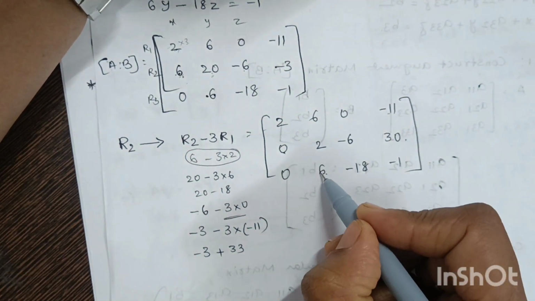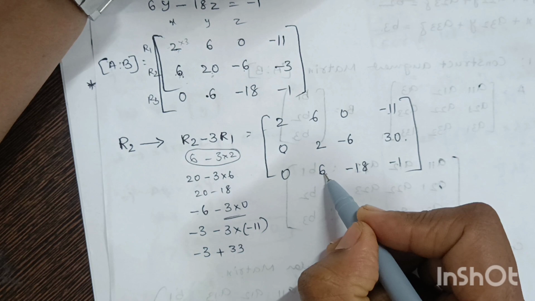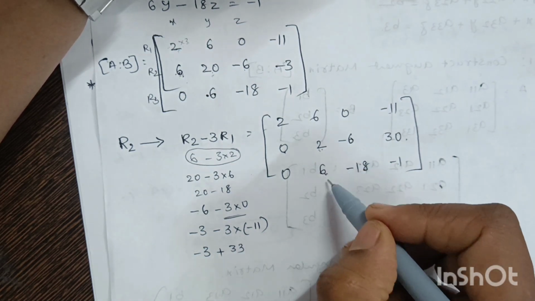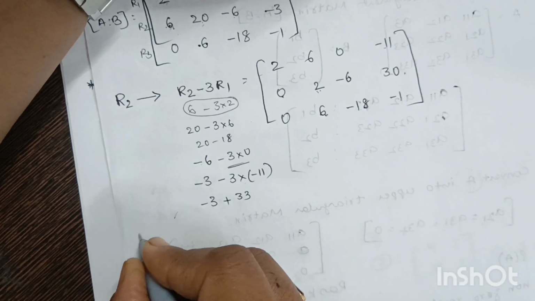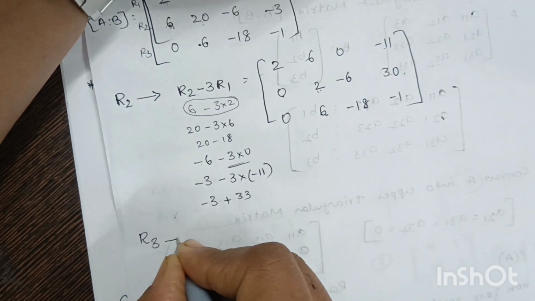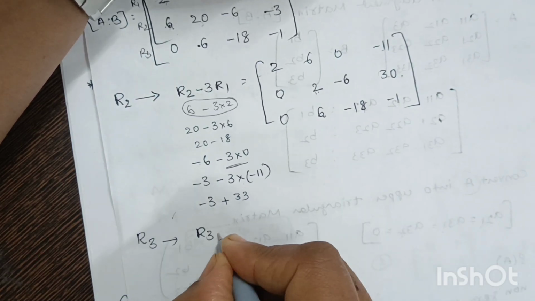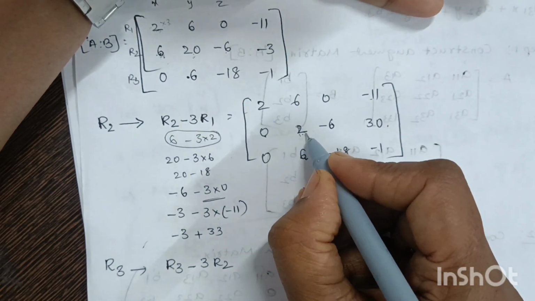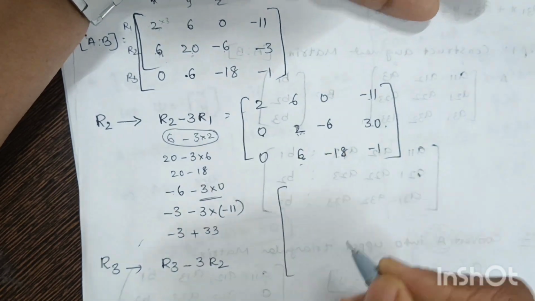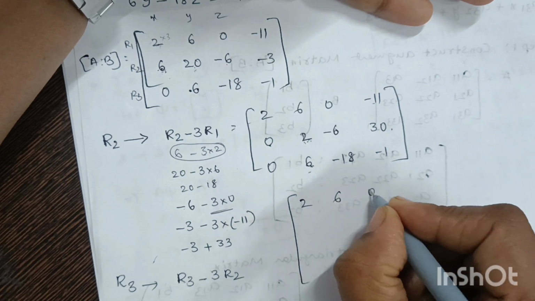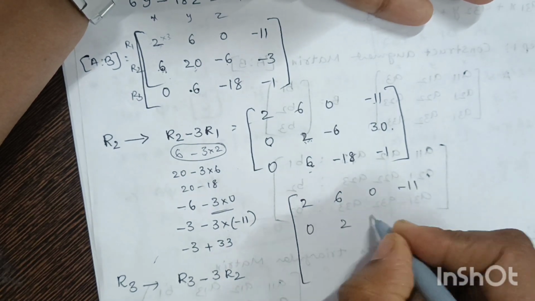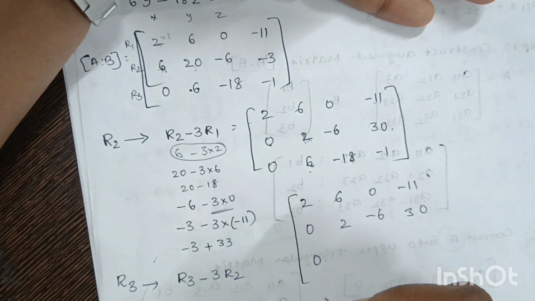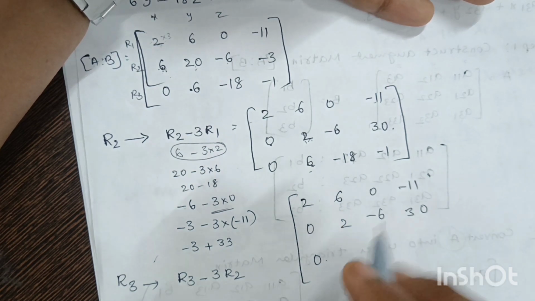Now we need to get 0 here. The next operation is R3 minus 3R2. Here 3 into 2 is 6, 6 minus 6 is 0. There are no changes in R1 and R2, so the same thing: 0, 2, minus 6, 30. 0 into something gives zeros only.